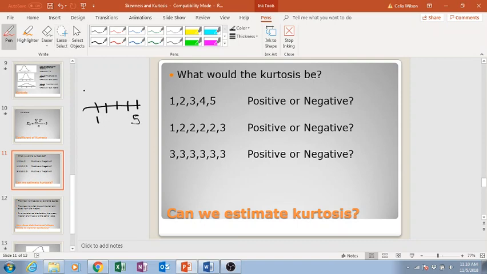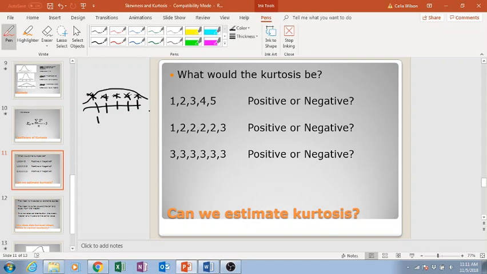I'm going to have one score on each one. Now you have to imagine the curve drawn in your head, like that. Would that kurtosis be positive or negative?